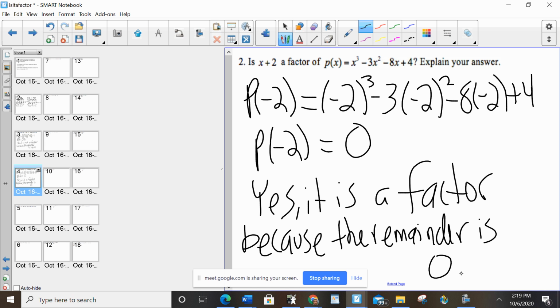It's always going to be either yes, it's a factor because the remainder is 0, or no, it's not a factor because the remainder is not 0. If it's 0, it's a factor. If it's anything other than 0, it's not a factor. And again, to find the remainder, I'm using the remainder theorem, which is substituting the opposite of what I'm dividing by into the function.